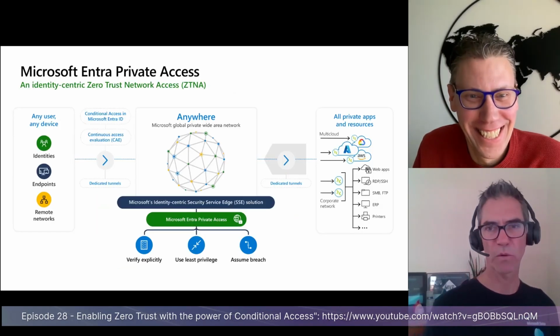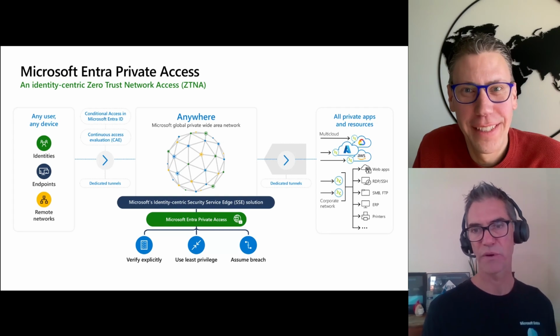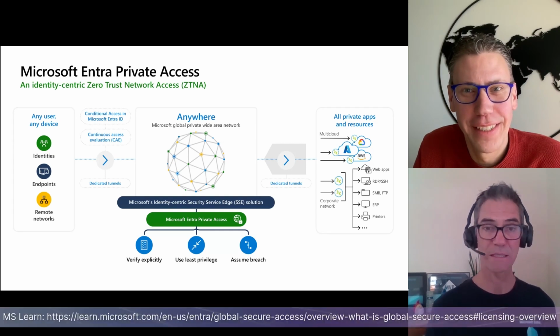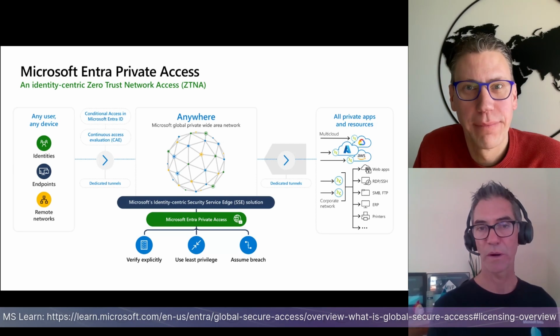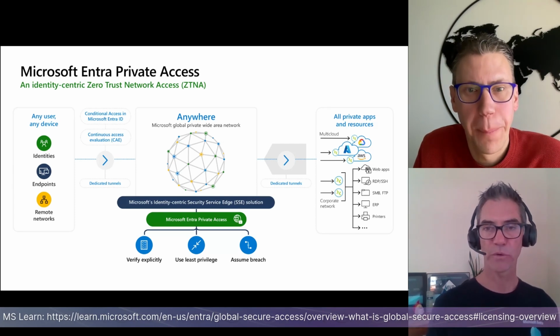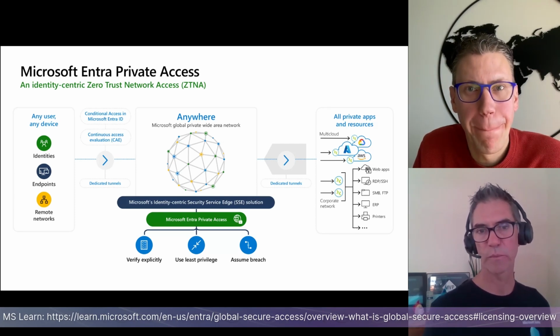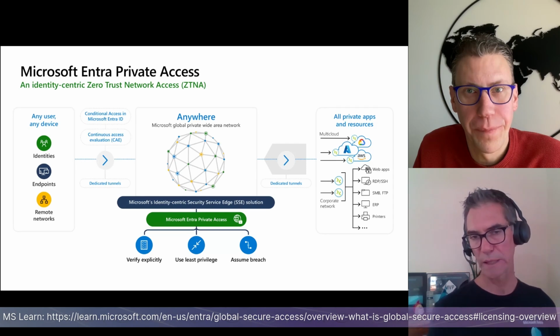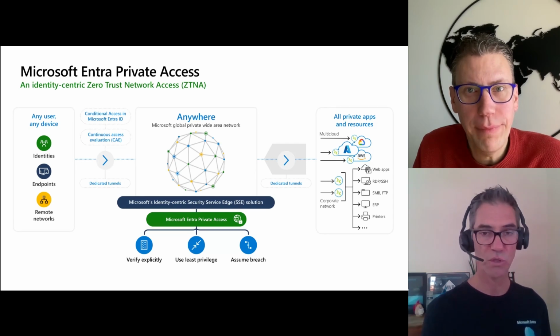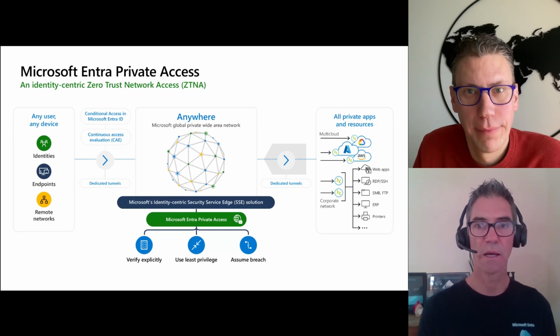Before I demo, there are some prerequisites. There is a license requirement for Entra Private Access. It is a standalone product that you can purchase, but it's typically included in Microsoft Entra Suite licenses.